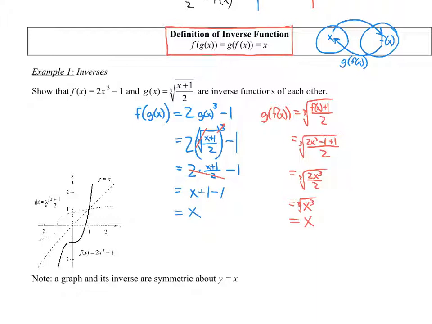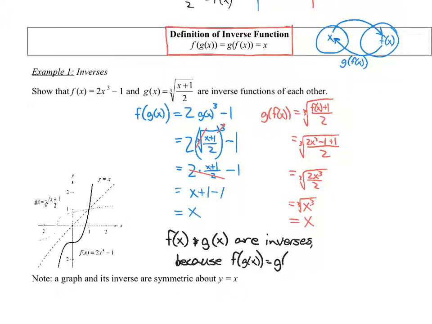So f of x and g of x are inverses of each other, because we just proved the definition. F of g of x equals g of f of x, and they both equal x.